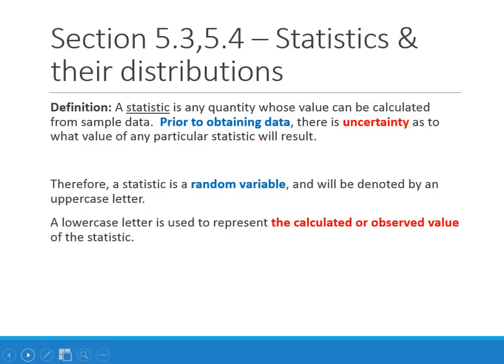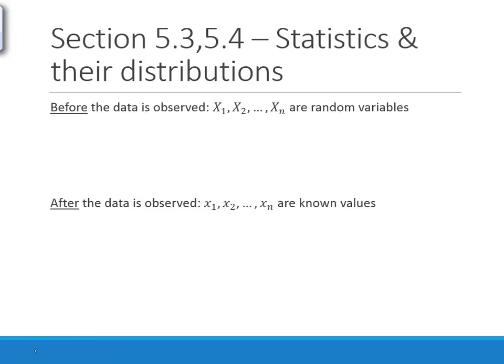Okay, so for example here, let's say, before I observe the data, I have this collection of random variables, x1 up to xn. Some statistics I could calculate here would be something like the sample mean, which is again just the average, 1 over n times the sum.